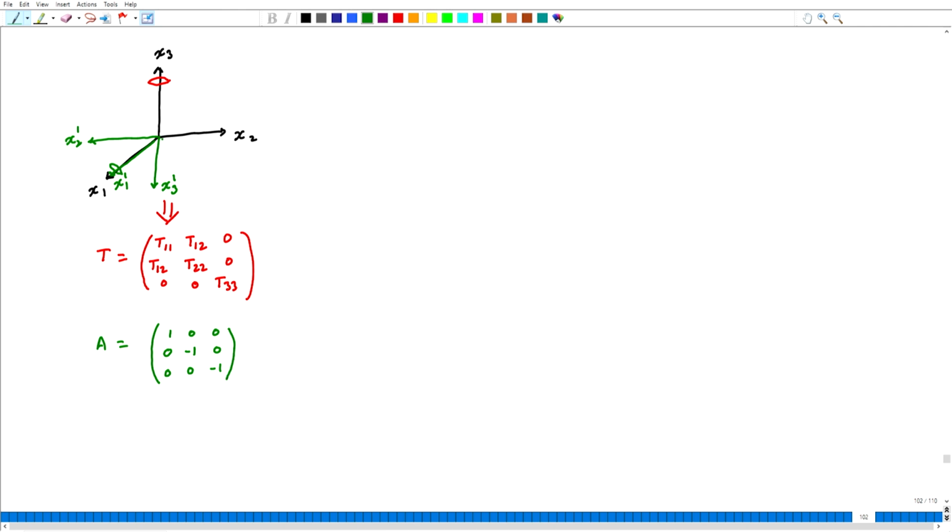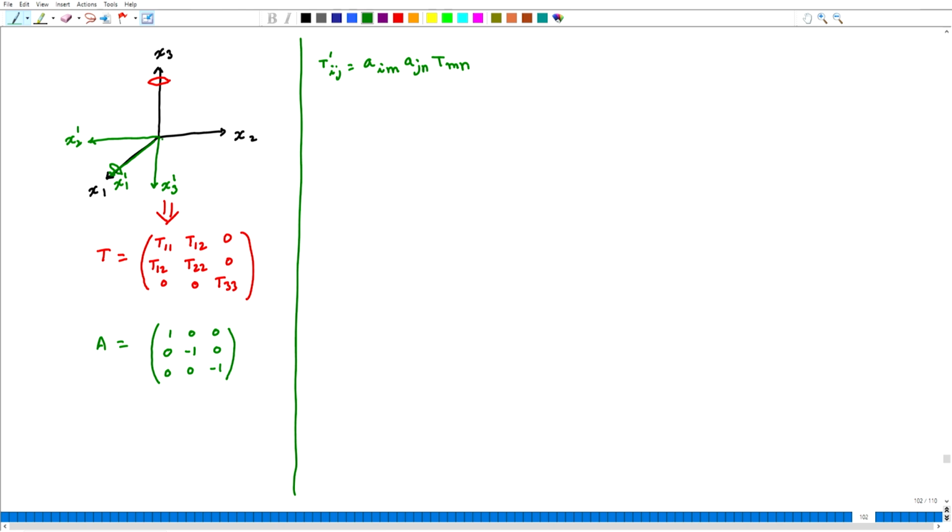Let me write down now how the tensor transforms. T prime ij equals A im A jn Tmn.